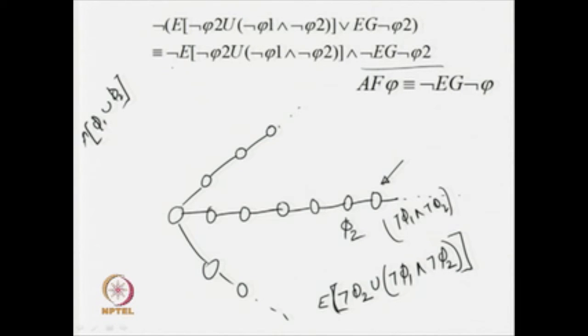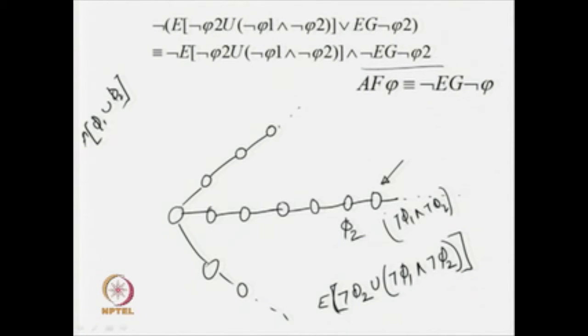So, this should not be true over here, that means it should satisfy this particular formula over here. Okay. Now, since not of phi 2 is true over here, it is not true at that particular point. So, till this particular point not of phi 2 will not remain true.